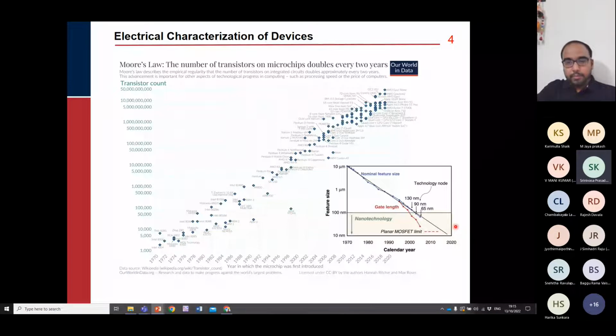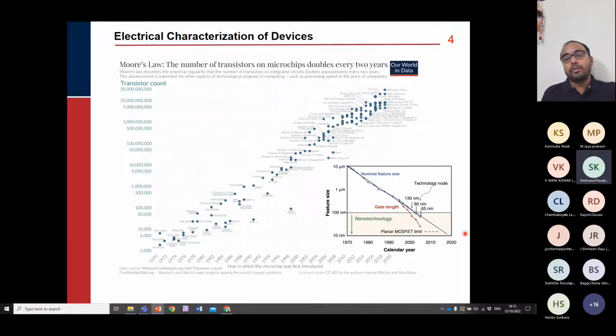Now, eventually, since we are going down in this feature size, we are almost hitting the end of this line. For example, here you can see this is at 10 nanometer. Currently, companies are making transistors which are typically 6 to 8 nanometer in size. In terms of atomic dimensions, that is a few tens of atoms, like 10 to 20, 30, 50 atoms.